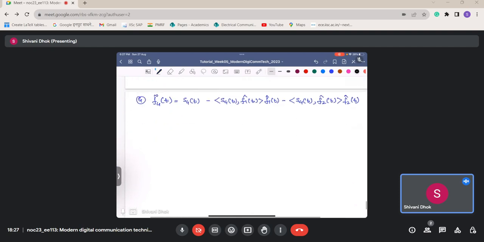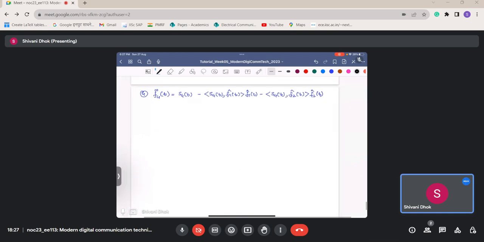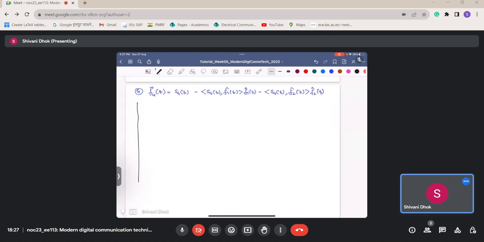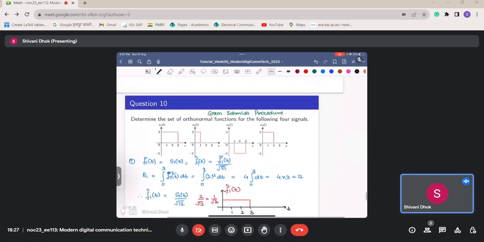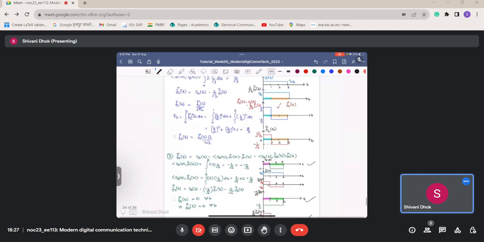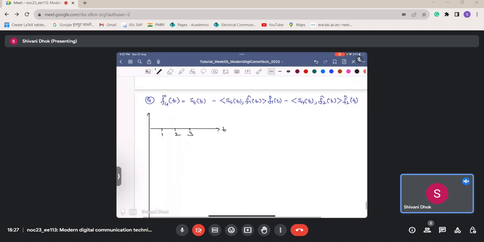Okay, so again for our convenience, let me just draw these. Let me draw s4 of t first. This is t 1 2 3, and s4 of t looks like this. It is 2 from 1 to 2.